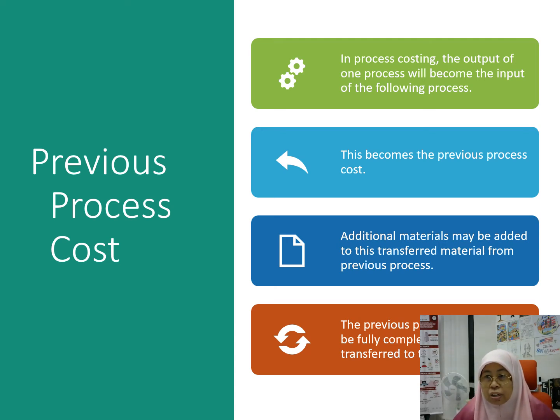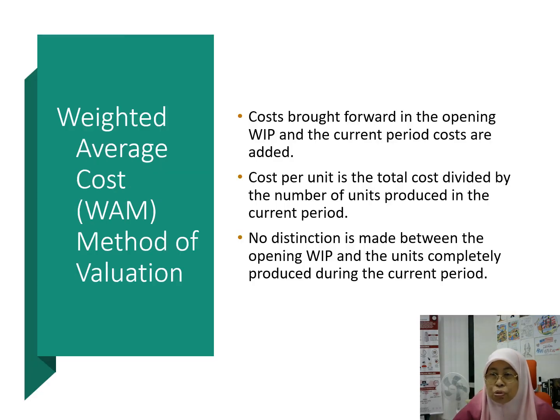For example, the output of process 1 becomes the input in process 2, and the input in process 2 is known as the previous process cost, or PPC. Additional materials may be added to this material transferred from the previous process. The previous process material will be fully completed before it is transferred to the next process.